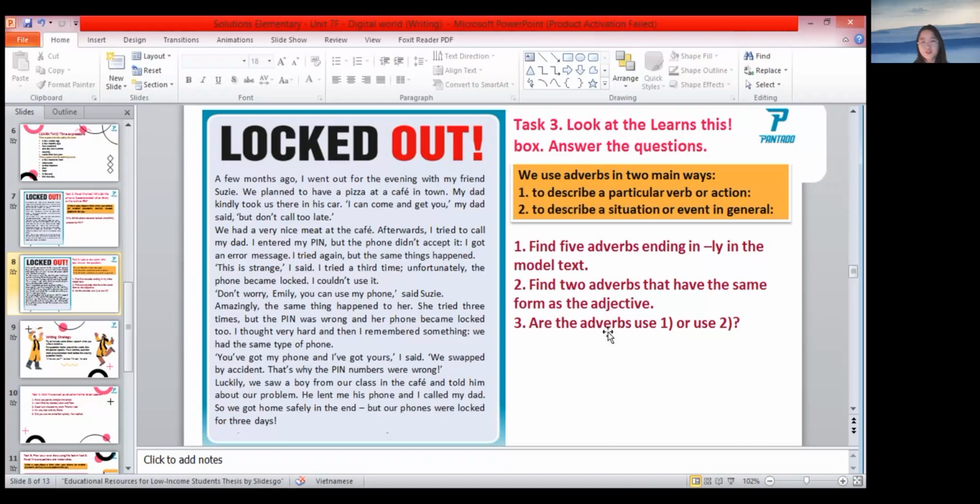Okay, try to find the adverbs, it is right there. Think it's easy. You think it's difficult? No. Okay, just have some more minutes to find. We're gonna wait for you.